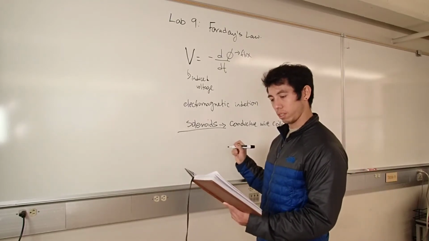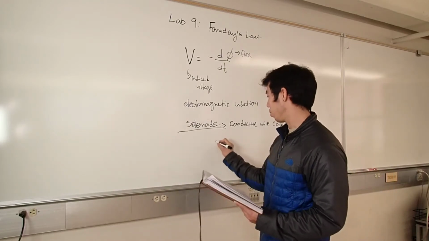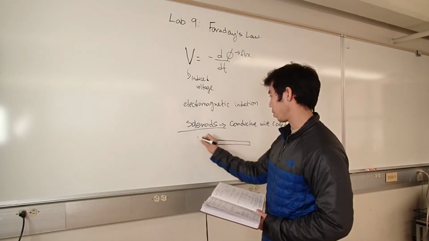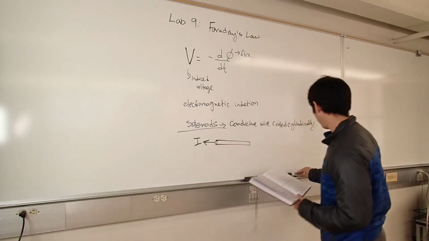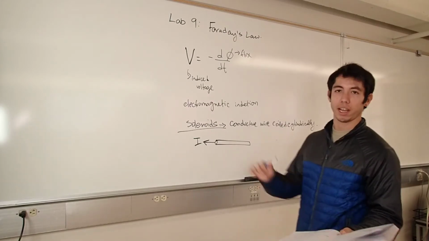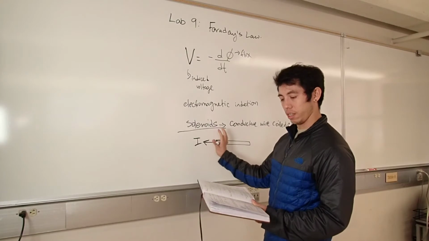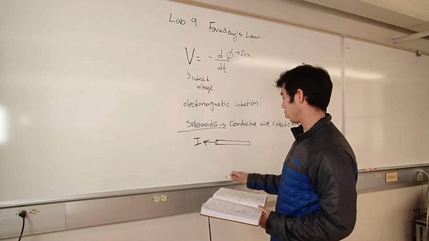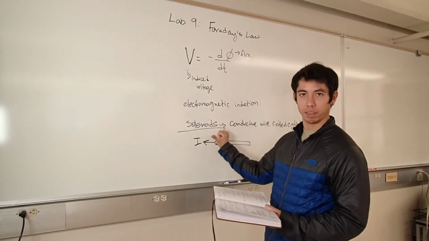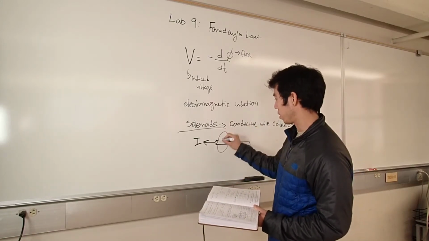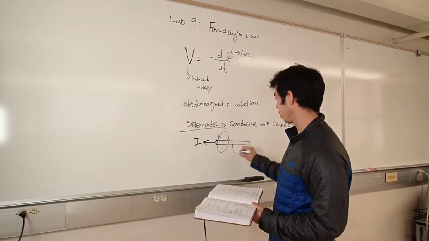Before we look at the solenoid, let's remember last time we looked at a current carrying wire, with current I. We said that we can use the right-hand rule to figure out which direction the magnetic field is pointing. If we point our thumb in the direction of the current, our fingers curl around the wire and give us the direction of the magnetic field.